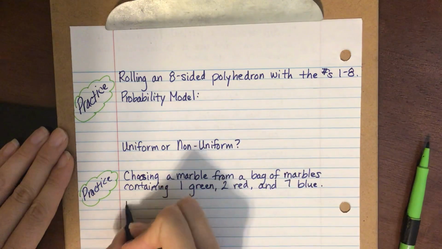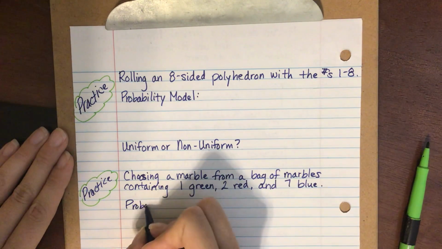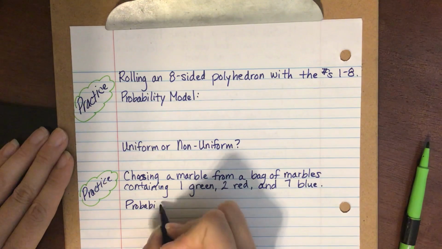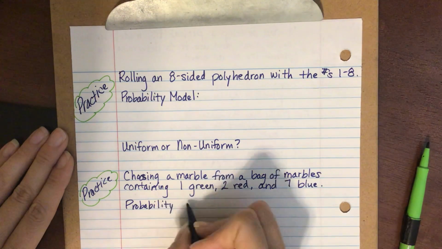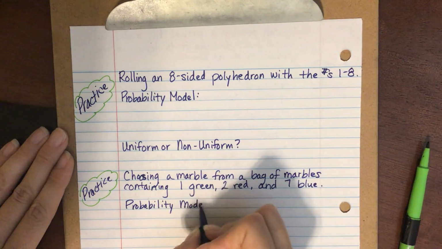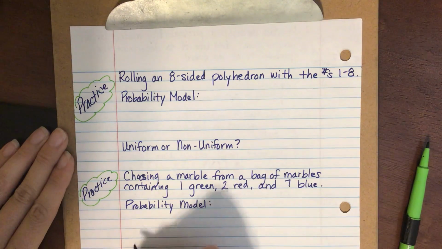Okay, so you're going to create the probability model. And you're going to decide whether or not it's uniform or non-uniform.